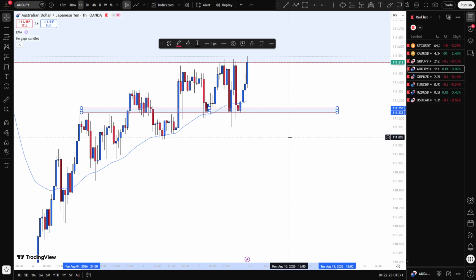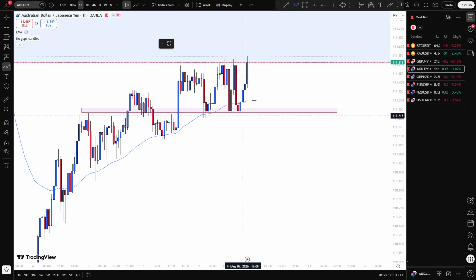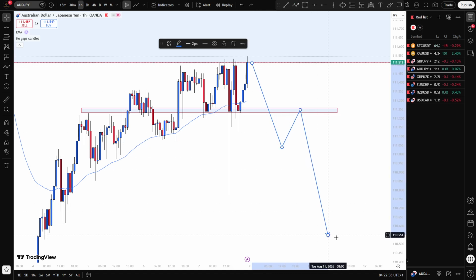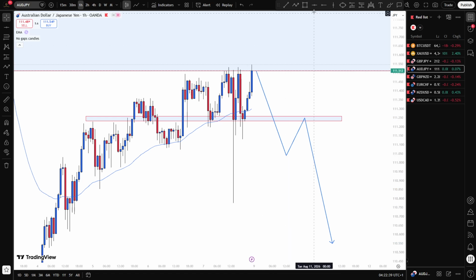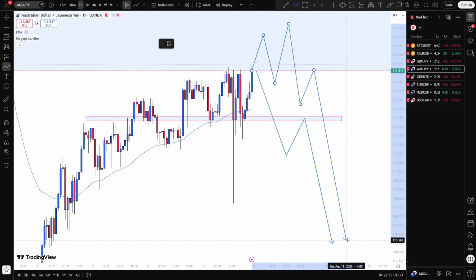I like to break and retest this zone here. Break this zone, retest, and then I'll be interested in selling. Or if the price can still go further, to something like this, still bullish, then shifts structure, then comes back to retest here, I'll still be interested in the trade.